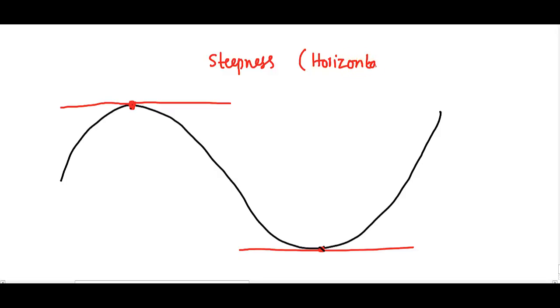Sir, what if the lines are vertical? When the lines are vertical, the gradient is undefined. It is a very huge gradient. So when the lines are horizontal, the gradient is 0. The derivative will be 0 here, because the derivative is basically the gradient.